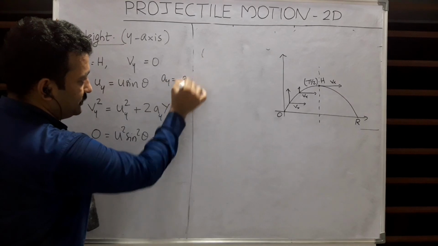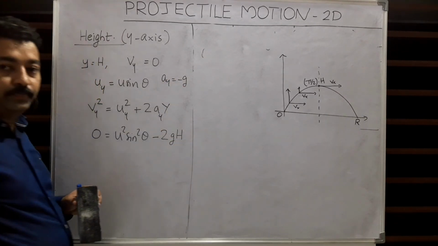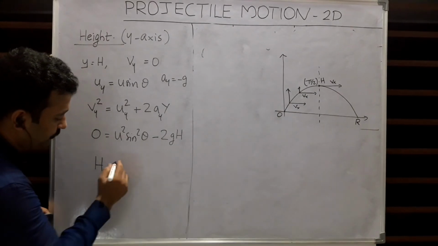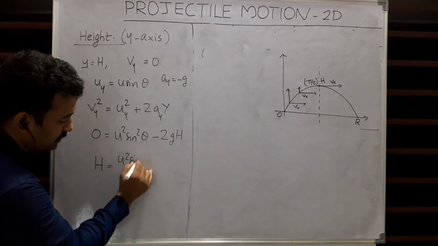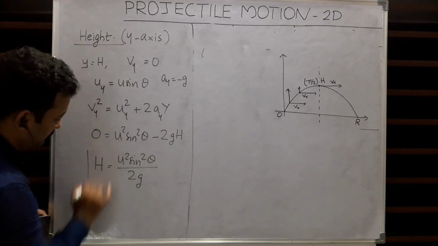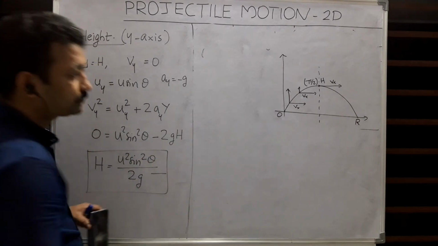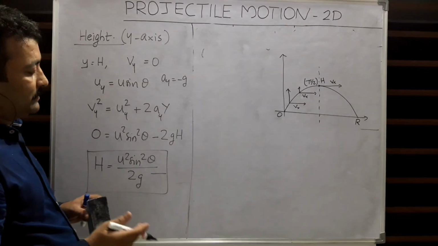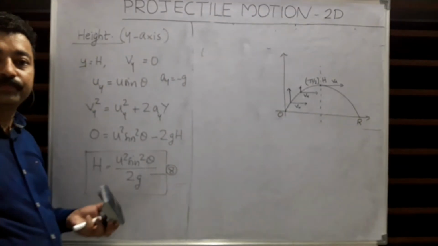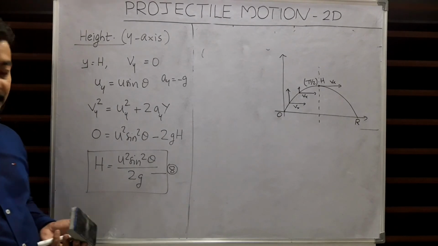This is minus 2gh. Rearrange them. This will become h equal to u square sine square theta over 2g. This is our 8th equation, I think. So we have got all the aspects discussed for this.